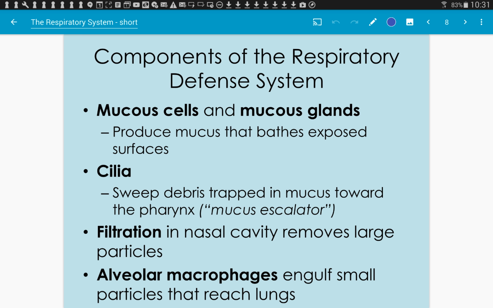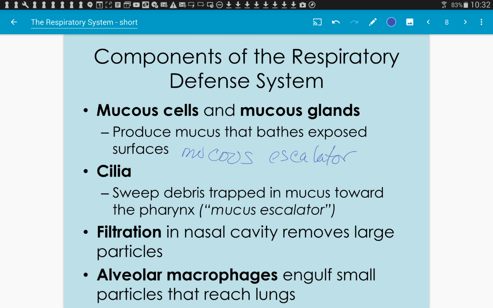That mucous membrane, the pseudostratified ciliated columnar epithelial cells help move that mucus up and out. So we just want to remember that. I'm even writing it on here so you can remember mucus elevator. Not elevator, escalator. That's the word I wanted. Escalator. And I can spell.